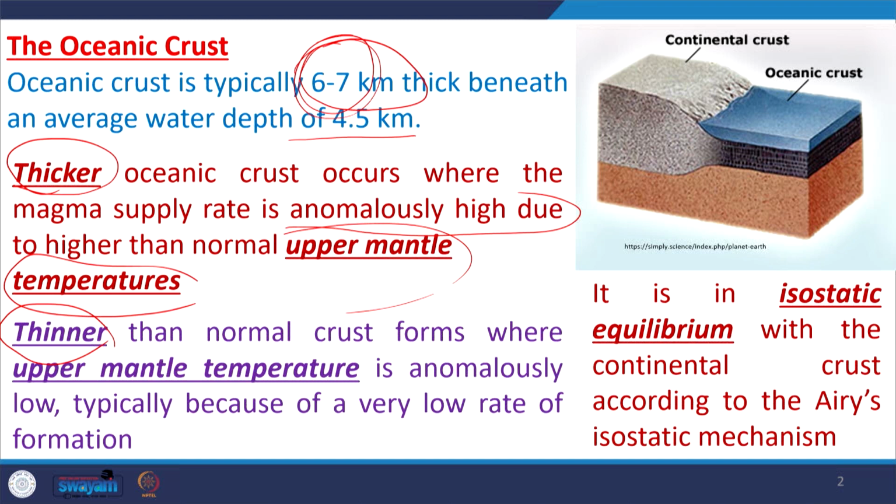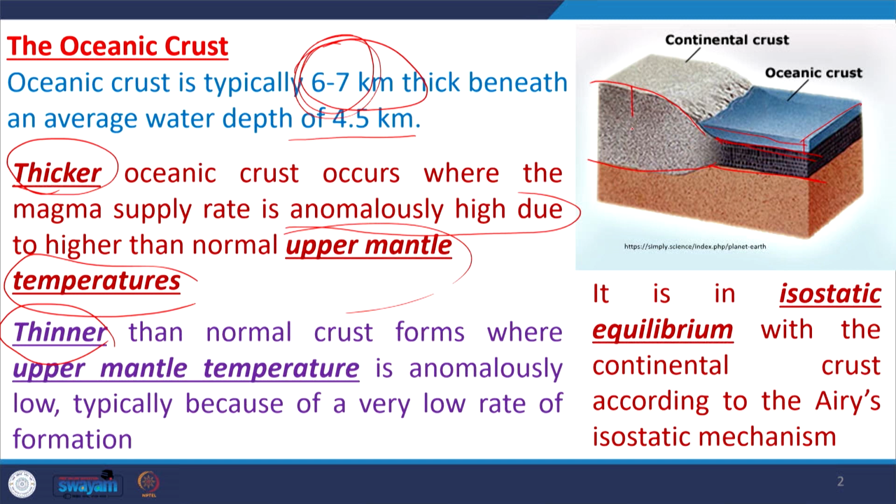And a very important thing is that this oceanic crust is isostatically balanced with the continental crust in a crustal setting. If you see this block diagram here, we have the ocean water, the oceanic crust thickness and the continental crust thickness.